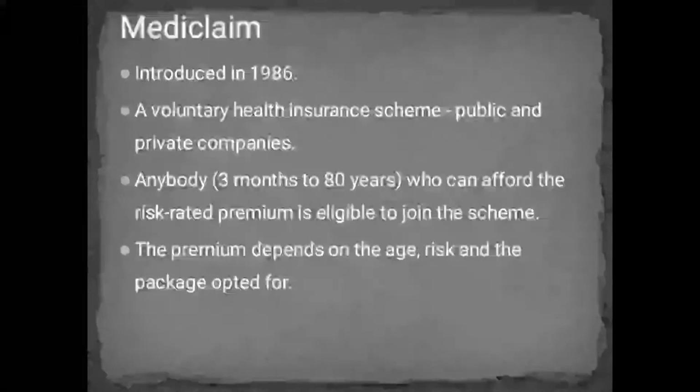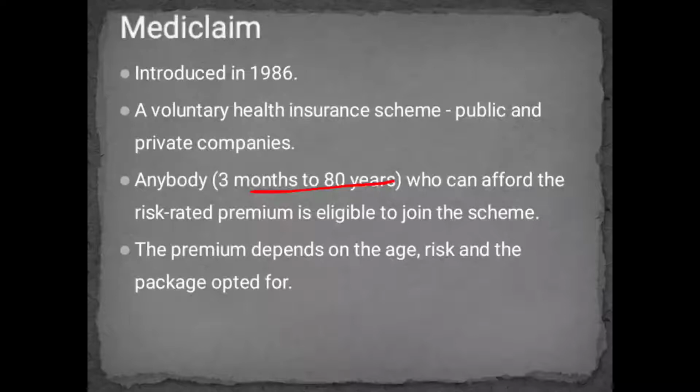The age limit is very high. The premium depends on the age, risk, and the package opted. So it's not the same: the different packages provided, the age, and the risks involved all matter.